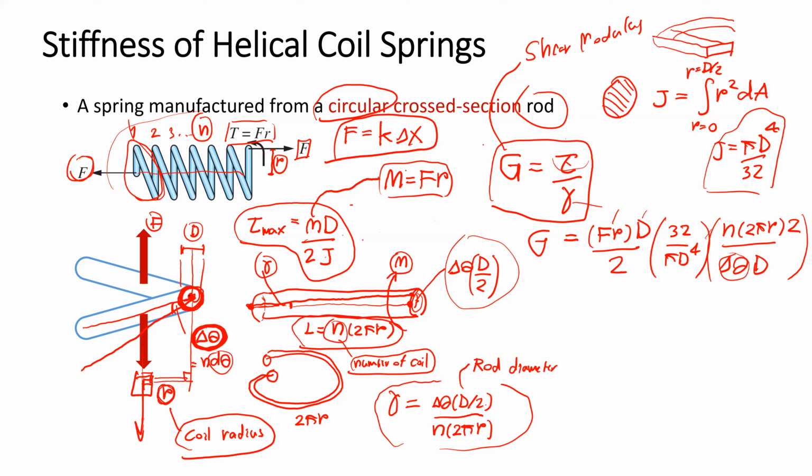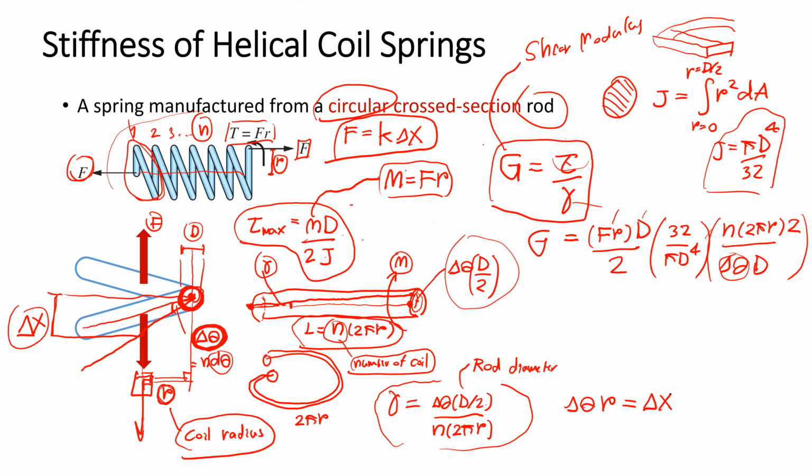If we want to transform it to delta x, the delta x needs to be measured at the center line of the spring. The delta theta, when we multiply by the coil radius, will be the linear displacement of the spring, delta x.